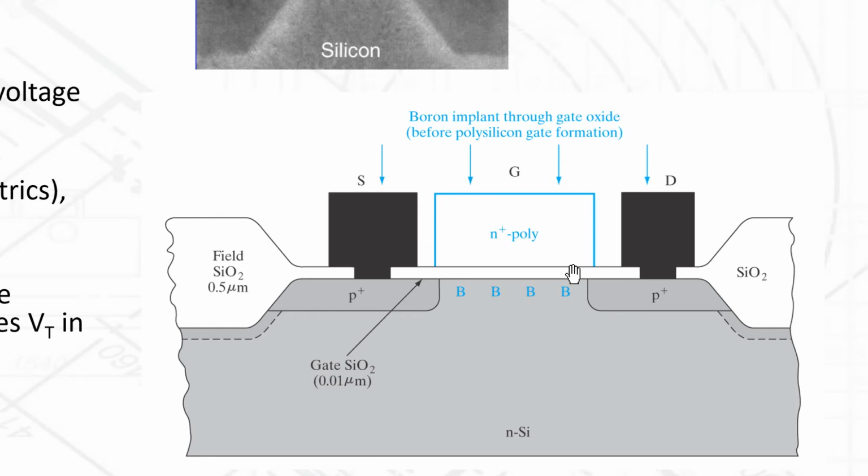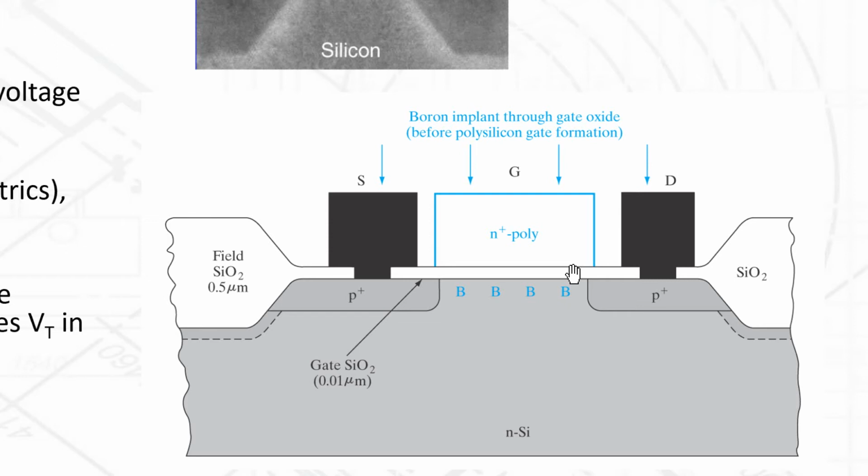So in the N MOSFET, can we implant arsenide instead of the boron? Yeah, you can implant a column 5 type dopant. The boron implant is the most commonly used one, and it's a p-type. So what it's going to do is increase the threshold voltage for an NMOS device.